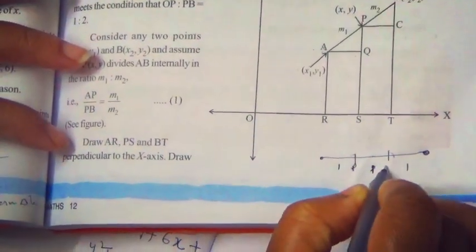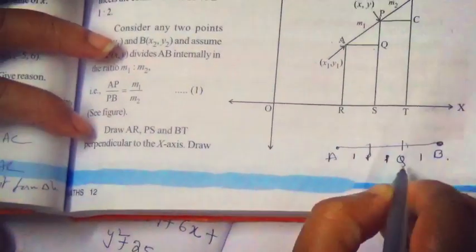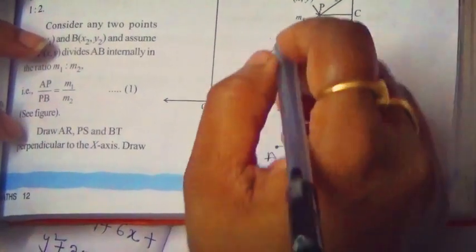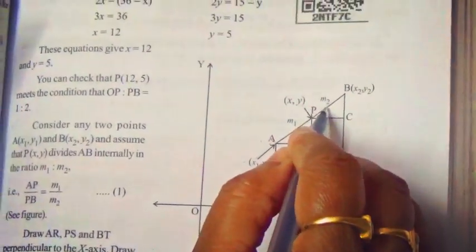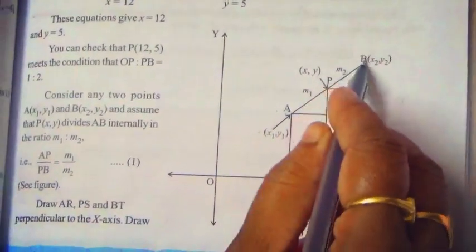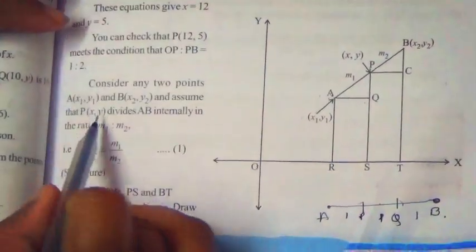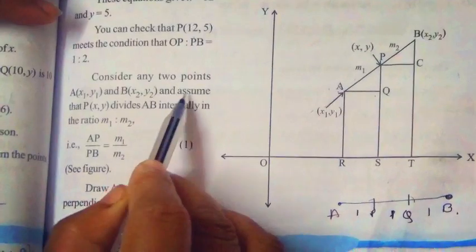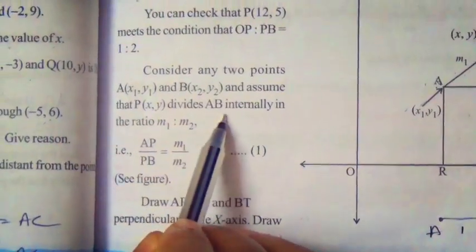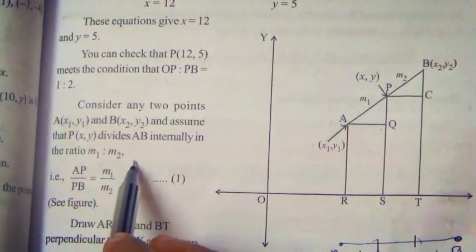Here the point P divides AB into partitions, and we are taking the ratio as m1 is to m2. m1 is to m2 is the ratio which divides AB at the point P. Okay, let us look at here. Consider any 2 points A, B, and assume that P divides AB internally in the ratio m1 is to m2.